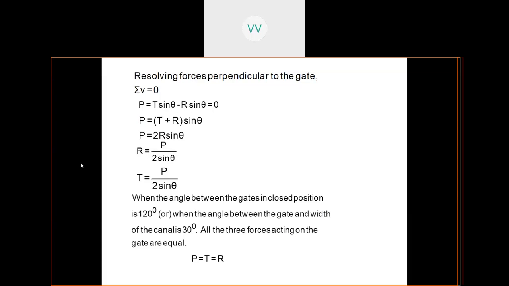That means the two gates are going to form the sides of the triangle. So here, 180 minus 120 is 60, divided by 2, so each is 30 degrees. So all the three forces acting on the gate are equal. That is P is equal to T is equal to R.